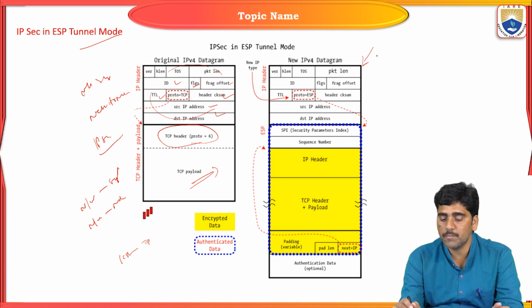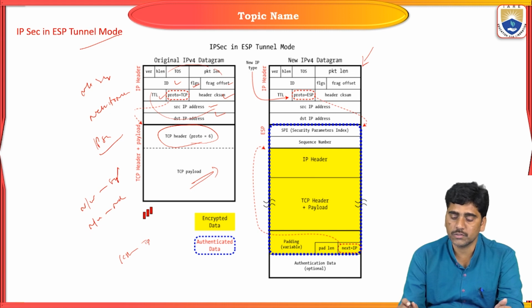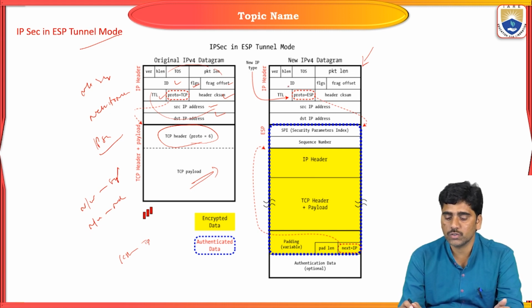This is the IPv4 datagram with ESP. What fields does it contain? The same fields: version, header length, type of service, packet length, ID, flag offset, time to live. The protocol field indicates that the next protocol in the IP header is ESP, which in turn indicates the next header TCP.